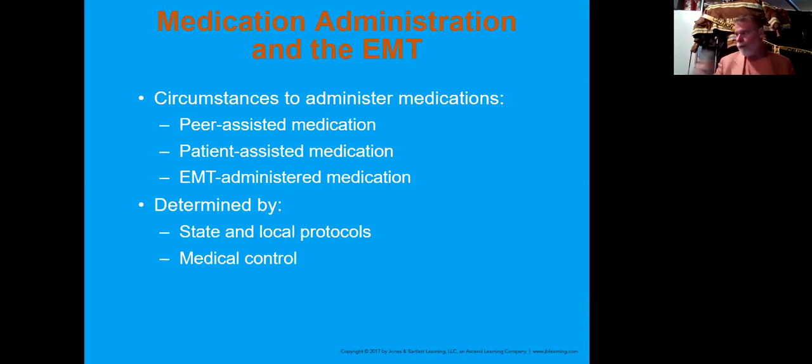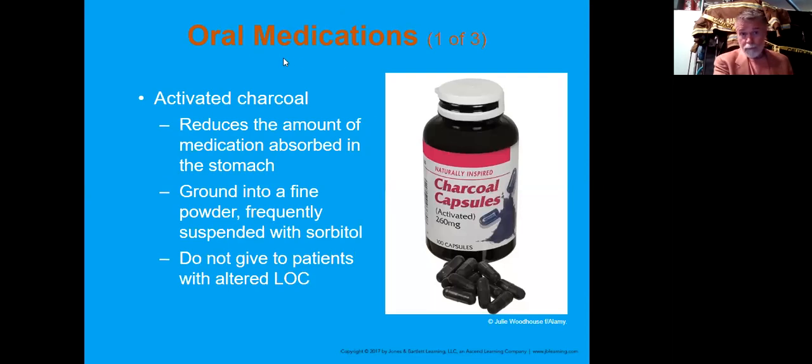When you look at what and who make those decisions, the state and local protocols, of course, with your medical director, the AZDHS website has a plethora of resources to see what medications can actually be given. Some are STRs or special training required. But again, this is all going to be based importantly on your agency as well as the medical director for that agency and whether or not they think it's appropriate that you administer those medications.